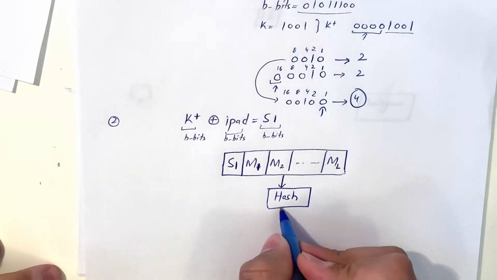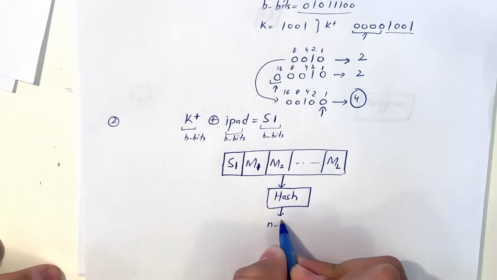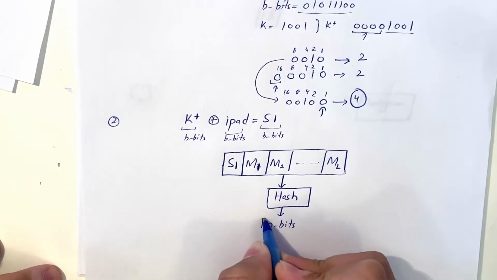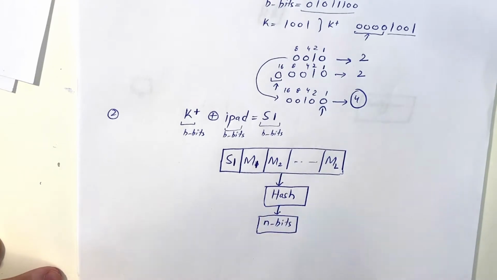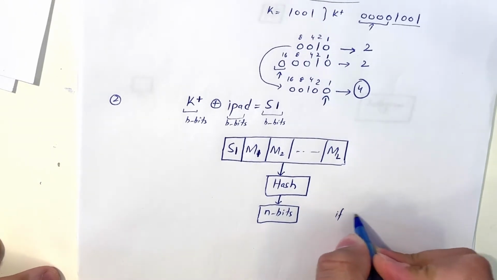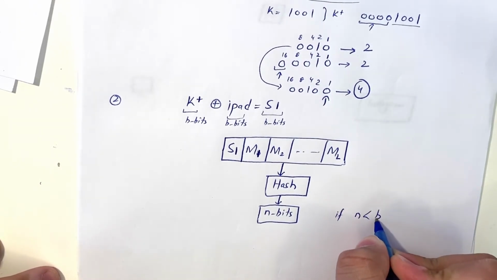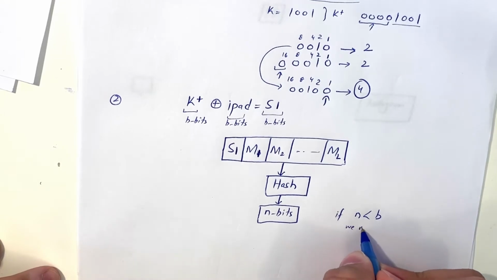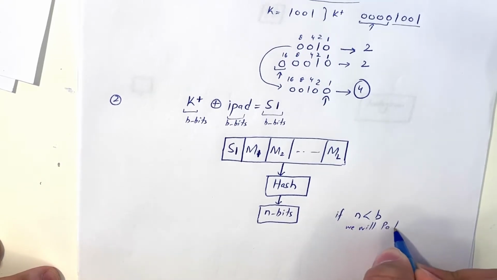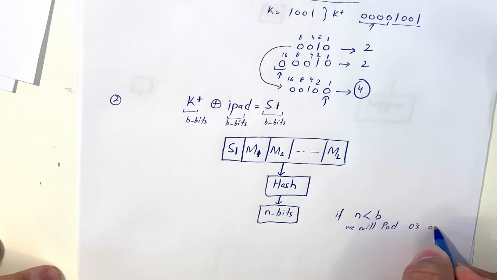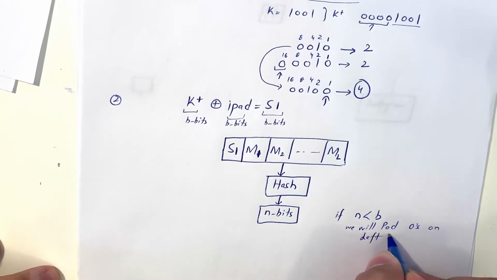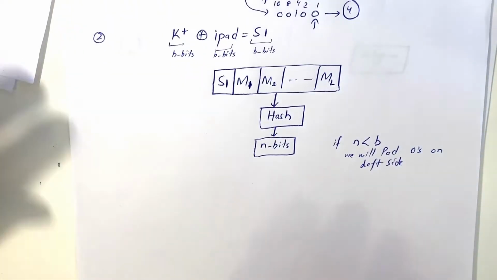And hash value will return you an answer in, let's say, n bits, depending upon which algorithm you have used. Now again, if n is smaller than b, then again we will pad zeros on the left side of this n to make it b. Okay, we will again pad the zeros here.